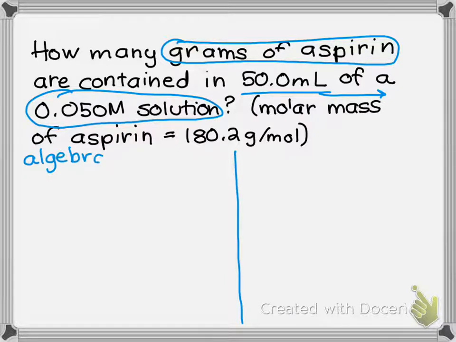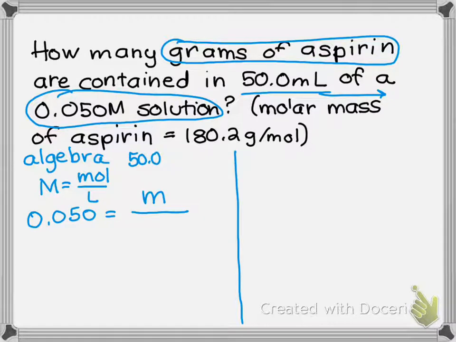We'll just solve it. I know molarity equals moles per liter. So that means 0.050, which was given, equals the moles, which I'll just put as M, in 50 milliliters. Okay, so it's per liter. There's 1,000 milliliters in 1 liter, so I have to divide. 50 milliliters is 0.0500 liters.